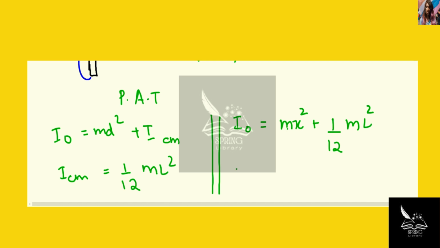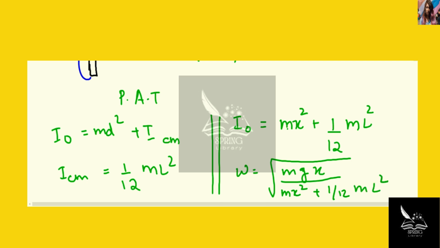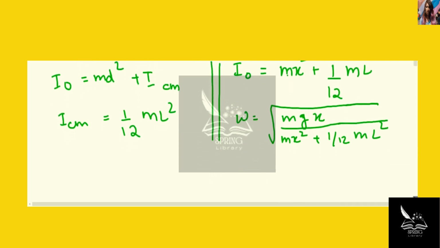And we know omega equal to mgx upon mx square plus 1 by 12 mL square. This much is what we have.